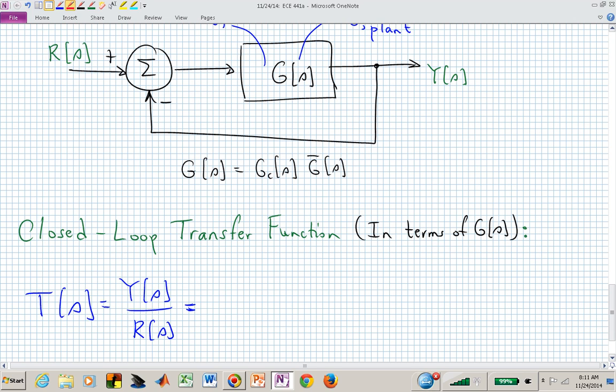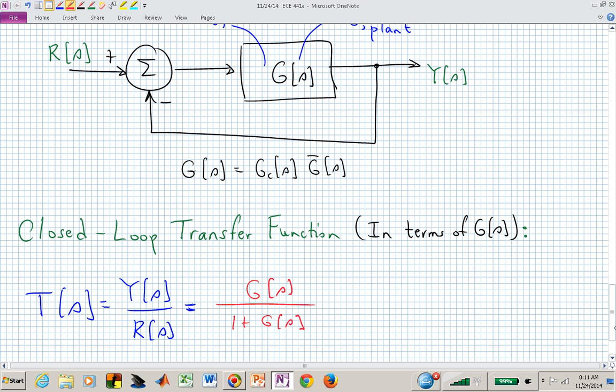And this one should just roll off your tongue, right? What is the transfer function T of S between the reference input R and the output Y if we have G in the forward path, H equal to 1, we have unity negative output feedback. That's our closed loop transfer function.